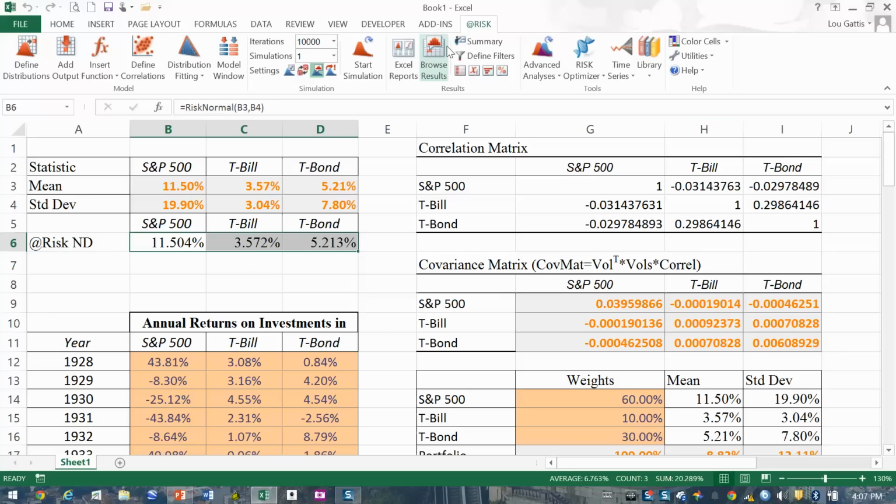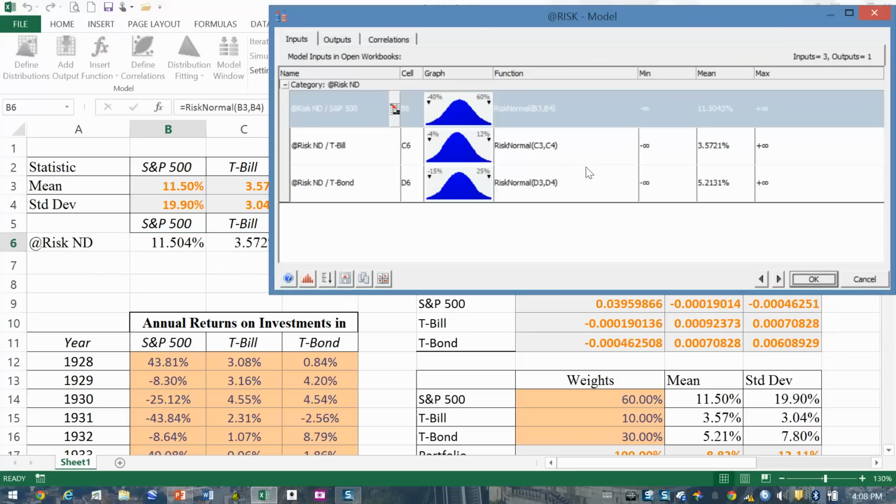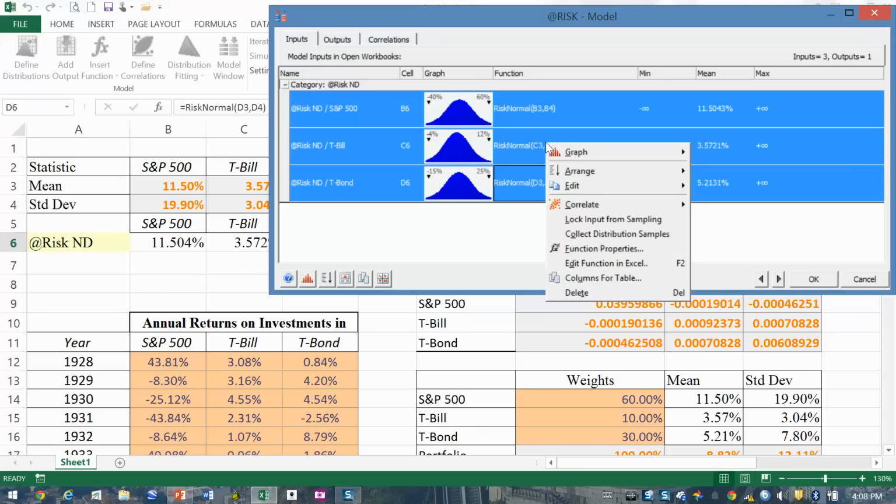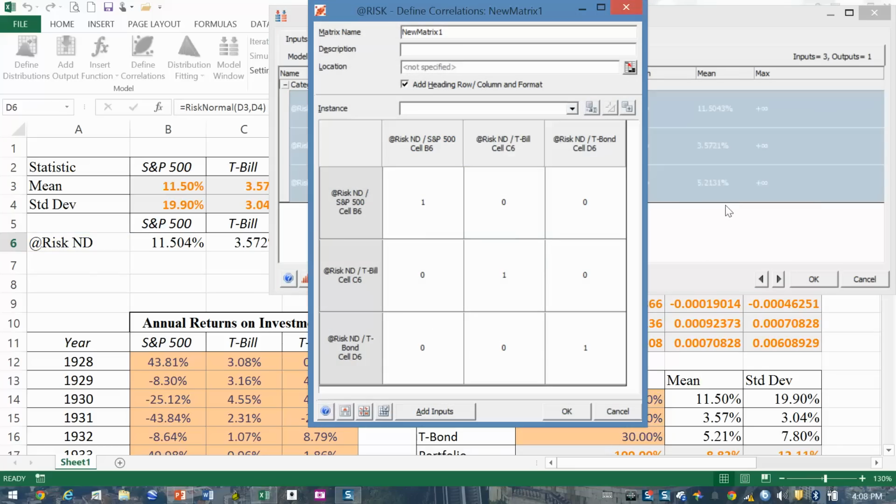So let me go to my @Risk model window. Go to my inputs. I'm going to select my 3 inputs I want to correlate. Right-click, correlate, create new matrix. Make sure they're in the right order, S&P, bill, bond. Otherwise, I have to move them around.